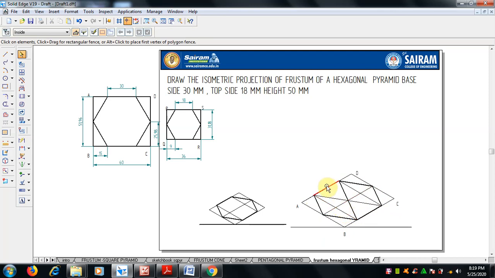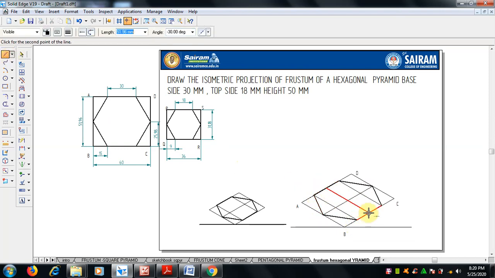See, this mid to mid and this mid to mid intersection also we will get it. Okay, so either this way, or go for midpoint of this and midpoint of this, and already this mid and mid is joined, so this is the mid of this.